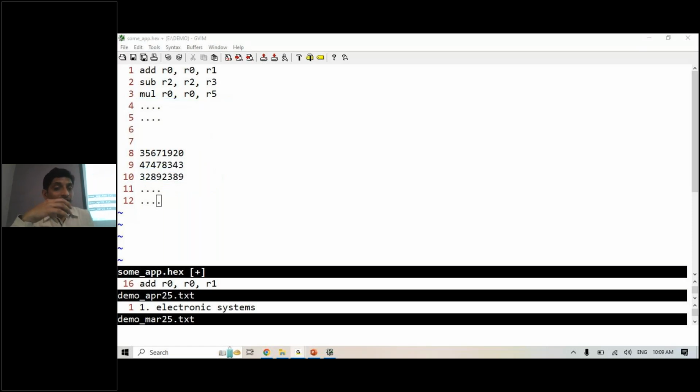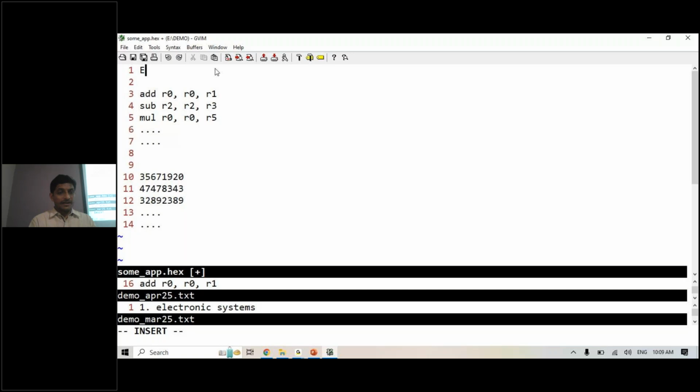So as an embedded system engineer, when I develop an application, I develop it in embedded C language. Using which language do I develop my application? Embedded C language, or you can call it C language.